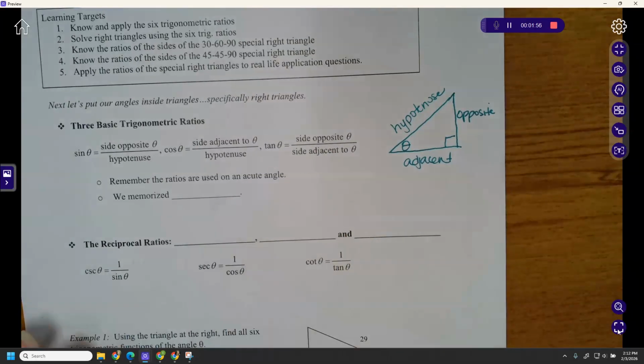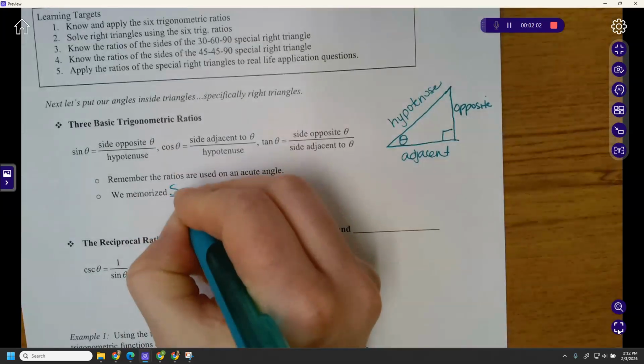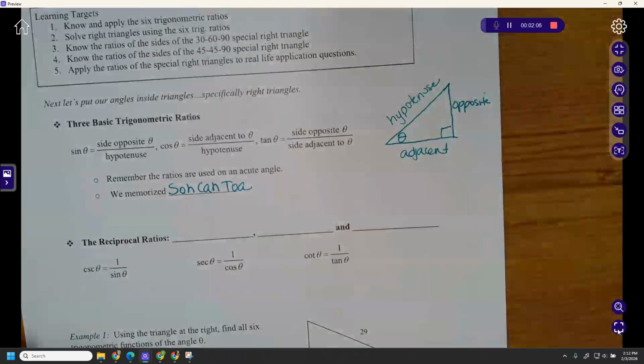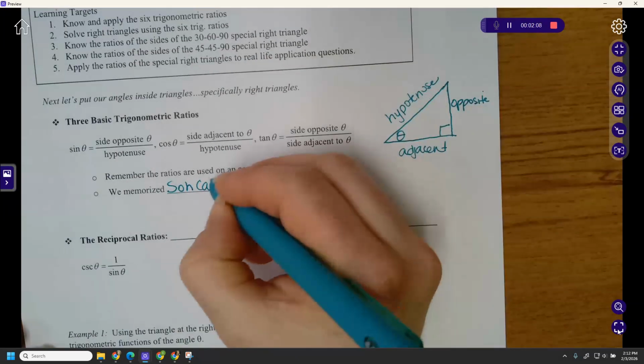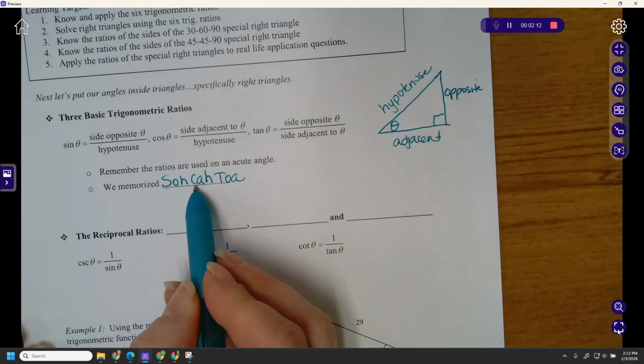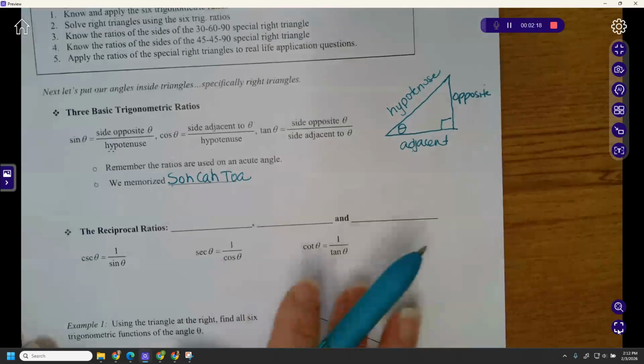What's the way that you learned to memorize this? Oh, look at you. So Toa. And the reason we use it is because the S is sine, opposite over hypotenuse. The C is cosine, adjacent over hypotenuse. Tangent is opposite over adjacent.